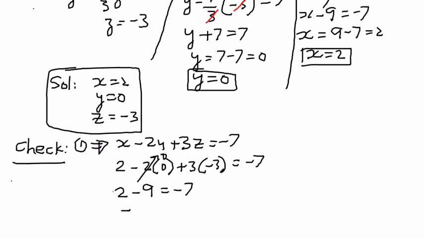So 2 minus 9 is -7, which is equal to -7. So therefore the left hand side is equal to the right hand side, and therefore the values we've obtained, x equals 2, y equals 0, and z equals -3, are exactly correct. So this is the way we want to be able to solve systems of linear equations using matrix methods.